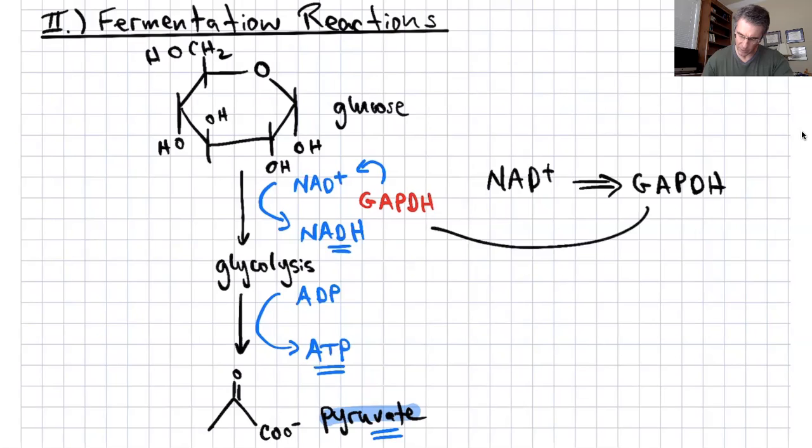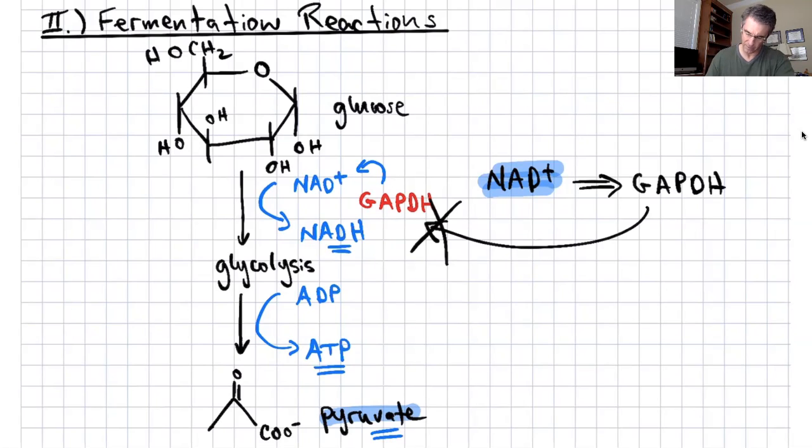And without the GAPDH reaction, glycolysis is dead, right? You don't even get to the point of recovering the energy investment phase without GAPDH. So a really key idea here is that the available pools of NAD plus, the oxidizing equivalents available in NAD plus, have to be maintained.